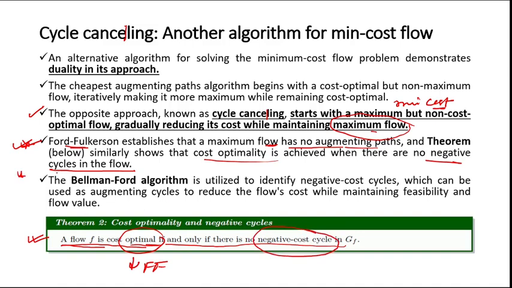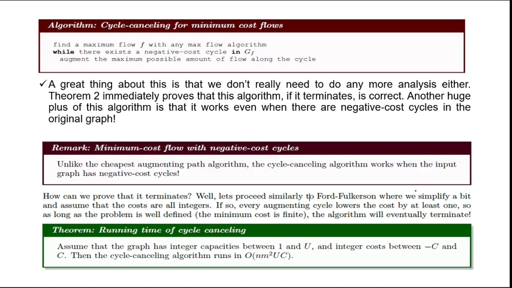What about Bellman-Ford? The Bellman-Ford algorithm is used to identify a negative cost cycle, which can be used as the augmenting cycle to reduce the flow cost while maintaining the value of the flow. So this is how the cycle cancelling algorithm works. Find a maximum flow F with any max flow algorithm that we have already done, using Ford-Fulkerson.